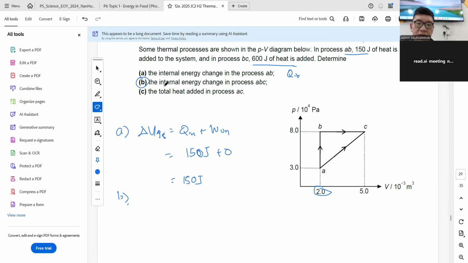Now, it's about internal energy change. So what you can see is you can approach using this, which can be expressed to this.